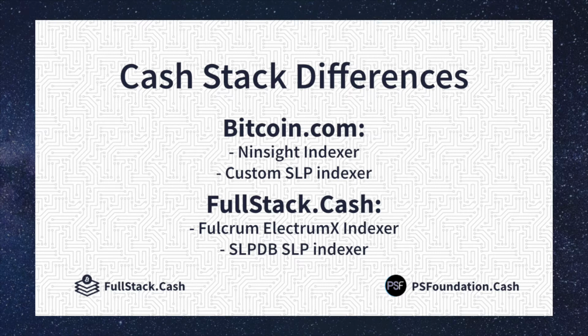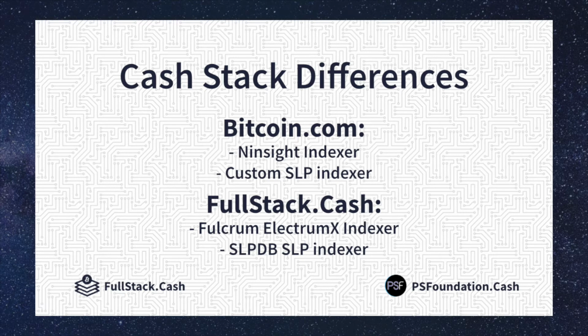Also, the same thing basically applies to the SLP indexer. They have a custom SLP indexer, whereas we use the SLPDB indexer, which is considered basically the industry standard. That's pretty much what everybody except for Bitcoin.com uses. And the only other indexer is the SLP indexer built into BCHD, which has been under development and is starting to achieve maturity.